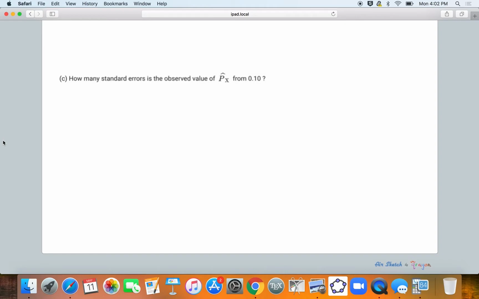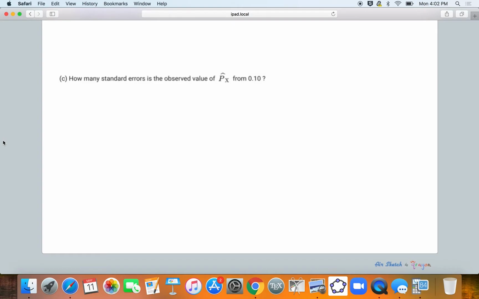All right, the standard error of P hat X is approximately 0.0156. Show how that value of the standard error is calculated. So standard error, we're going to do square root of P hat times 1 minus P hat over n.